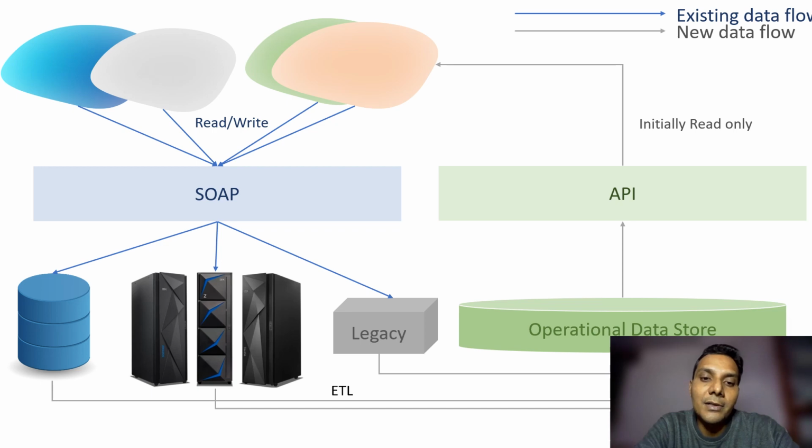The operational data store was MongoDB, a NoSQL database, and we created a lot of aggregated composite data models inside it, and we wrote APIs to read data from this ODS. Initially APIs were read-only, but later they became read-write, and slowly APIs started replacing SOAP web services.